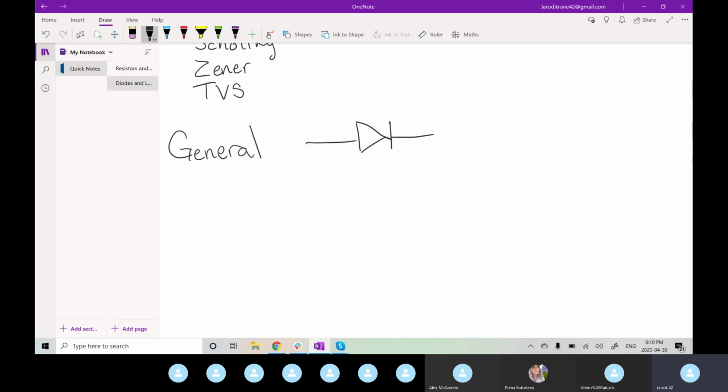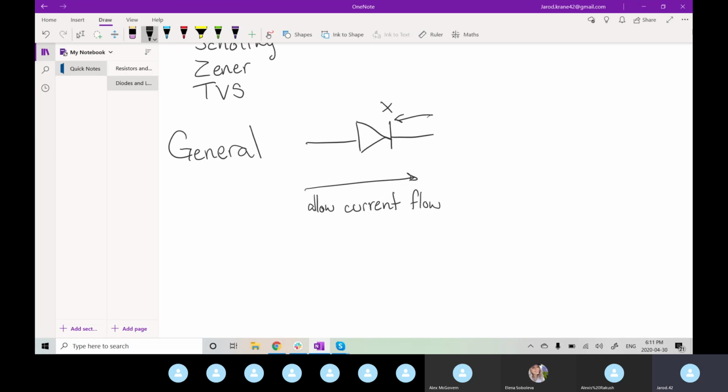Now the general function of all diodes is that they only allow current flow in one direction and block in the reverse direction. So you can't have any backflowing current.